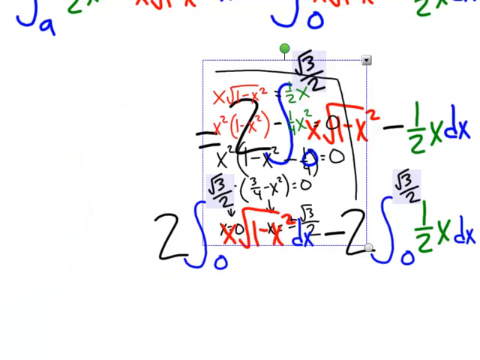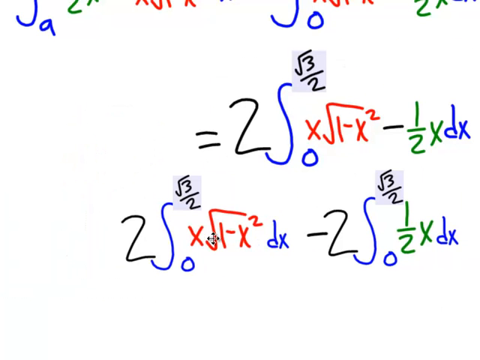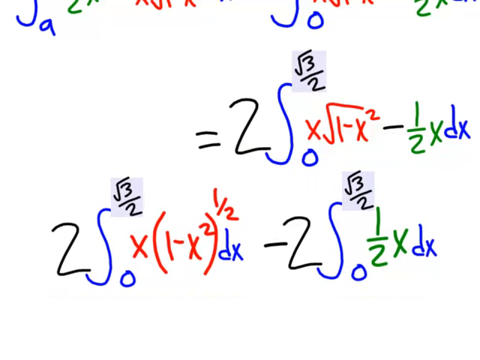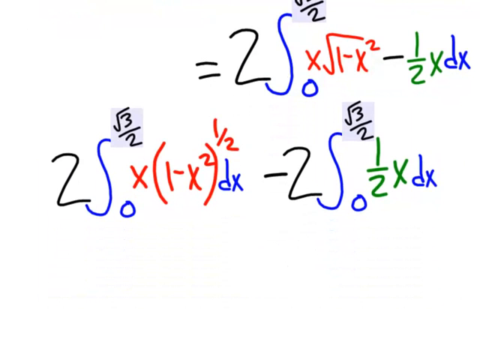Let's actually get this out of here. And let's write this in a little more calculus-friendly way. Okay, there, like that. And notice that this fits the unchain rule pattern. We've got a function inside of this blank to the 1/2 power function. And the inside function has a derivative of negative 2x.